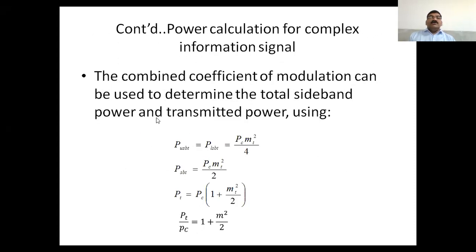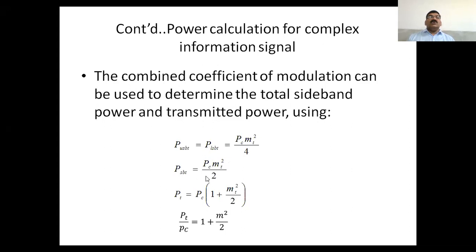So upper sideband power and lower sideband power are each Pc, the carrier power, into total modulation index square upon 4. So this way it can be calculated. The total sideband power is upper sideband power plus lower sideband power, so Pc MT square upon 4 plus Pc MT square upon 4.